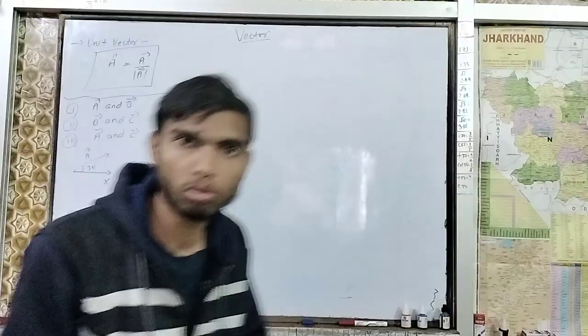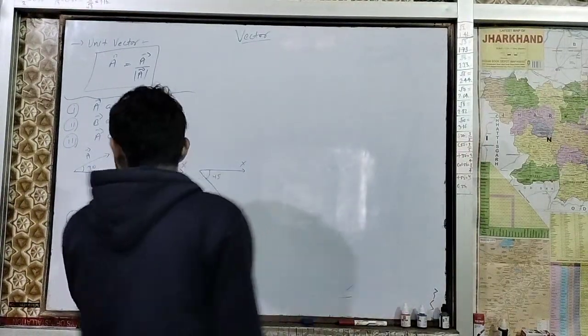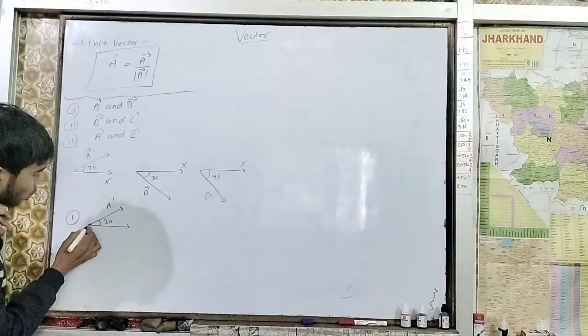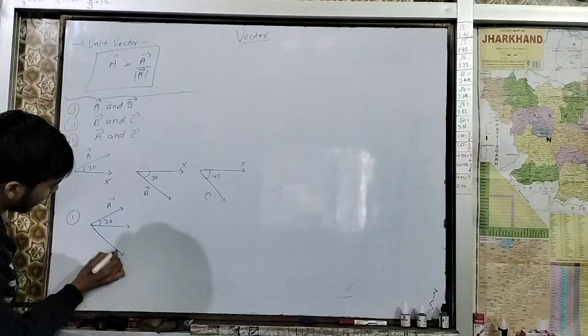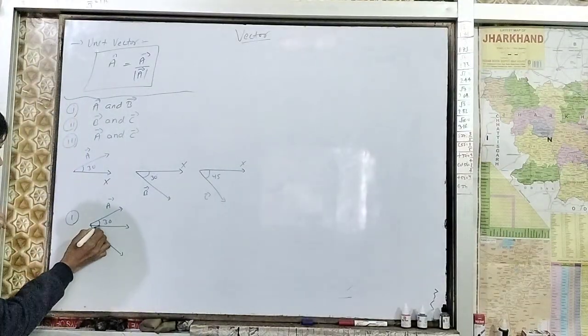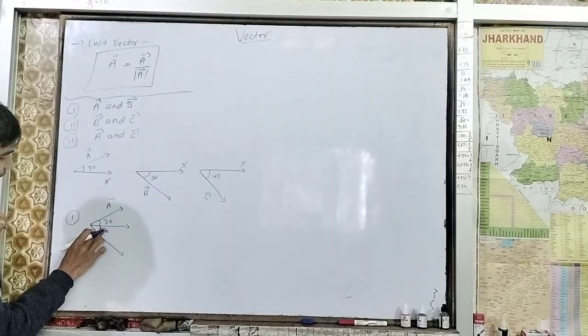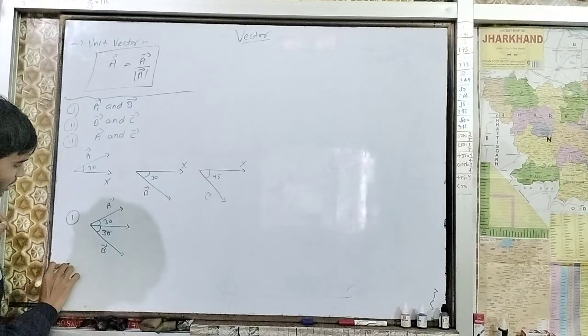So let's draw B vector as well with this x coordinate. B vector is like this, and the angle from the x coordinate till the B vector is again 30 degrees.